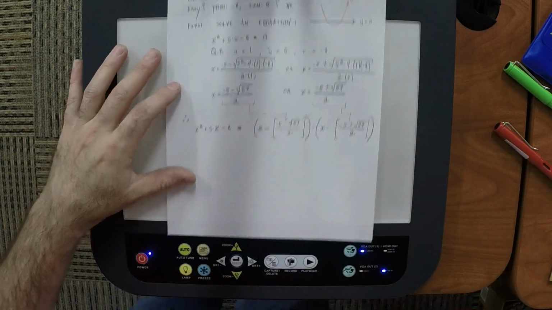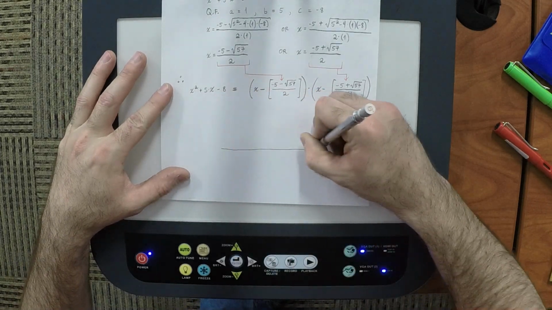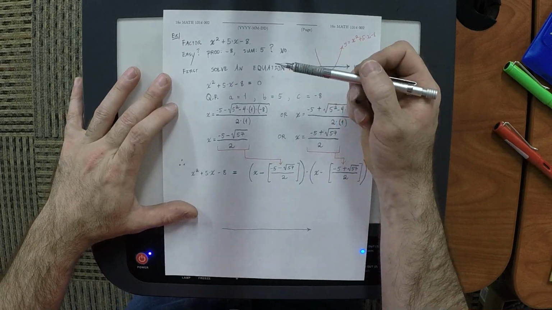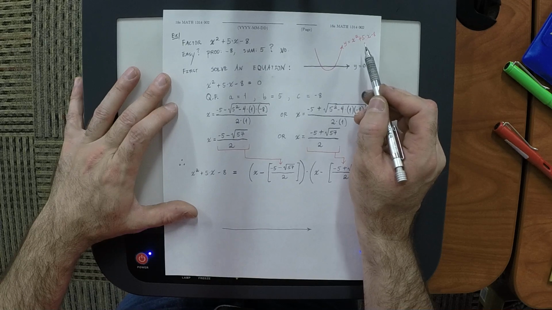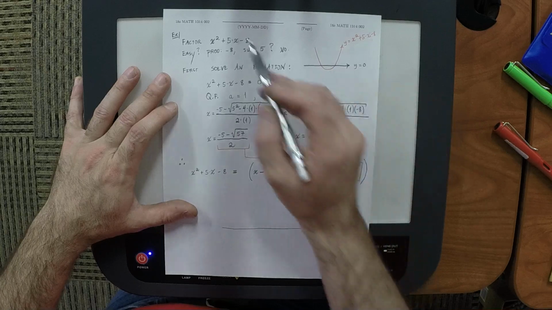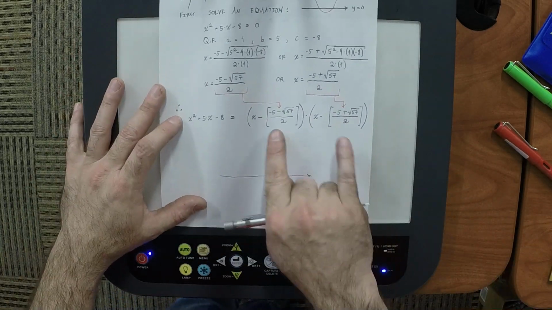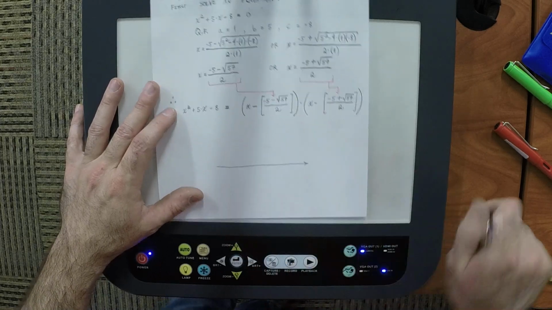Furthermore, if we were to draw a picture of this now, so in the first place, if we were to plot this, would the parabola open down or up? It would open up, and why? Because the leading coefficient is 1. Okay. Furthermore, because you can see that there's two different solutions, the discriminant is positive.